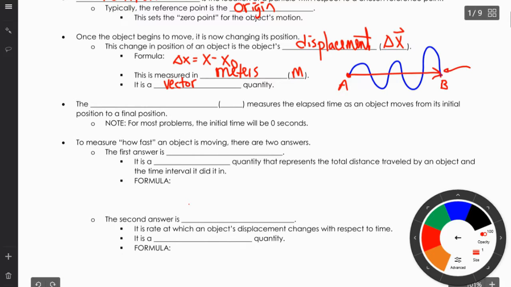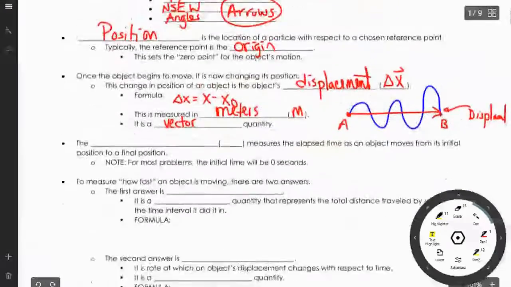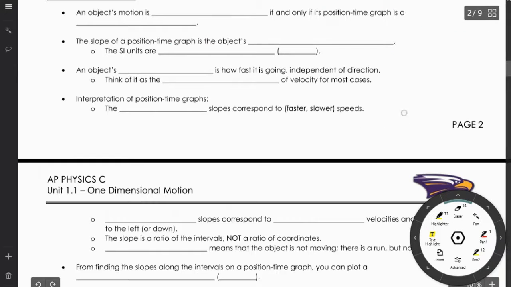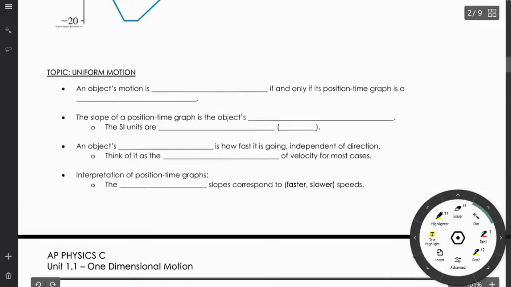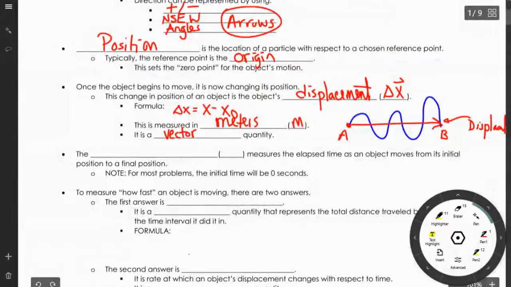The red arrow, that is the displacement. So this is our delta x. And if I'm just given values, I can simply subtract those to figure out the length of that arrow.